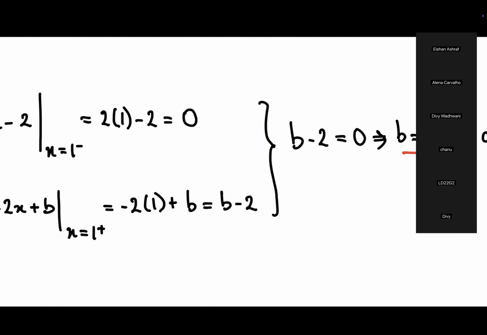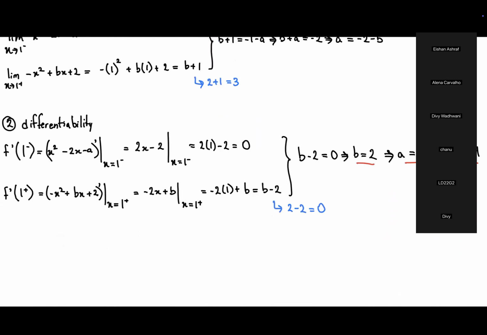Doing the same thing down here, if we sub in b equal to 2, we get 2 minus 2, which equals 0. So the right-hand derivative is equal to 0, and so does the left-hand derivative. That means it's also differentiable at x equals 1. So we know it's both continuous and differentiable at x equals 1.